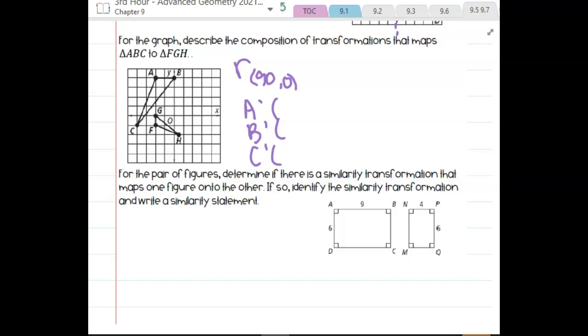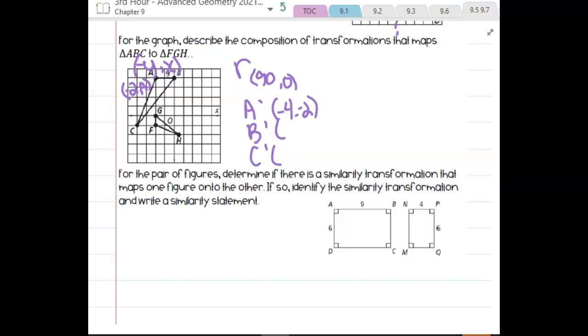that rotation of 90 degrees, that rule is negative y comma x. So if A is at negative 2 comma 4, A prime, we flip the 4, it becomes a negative 4, and then flip the x and y, so it'd be negative 4, negative 2.